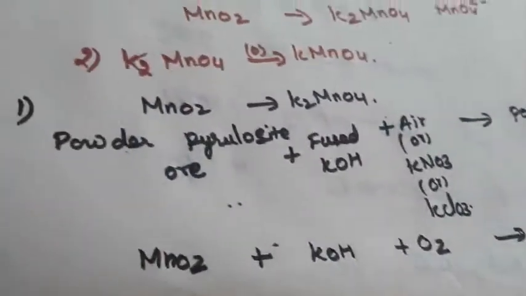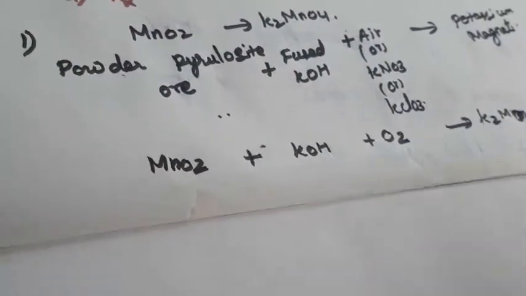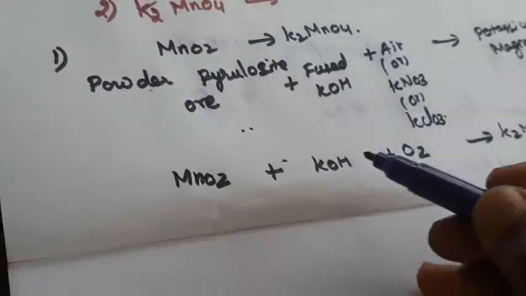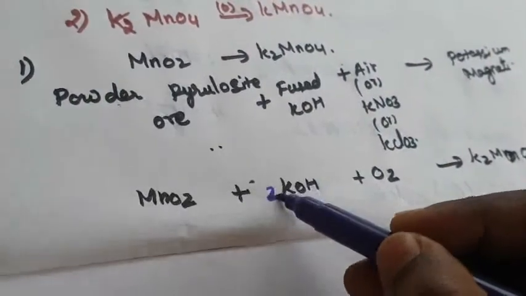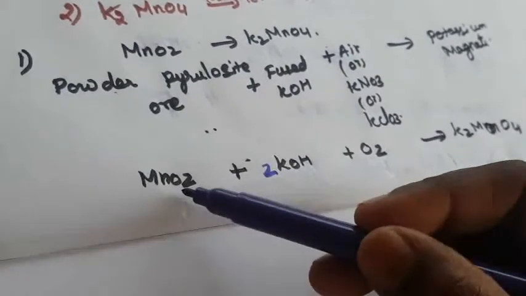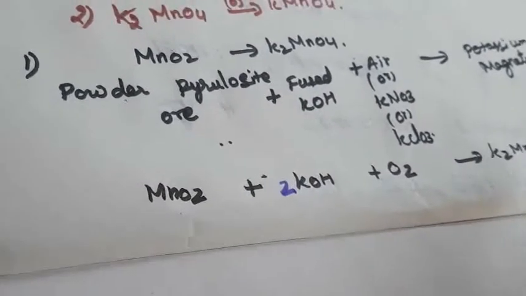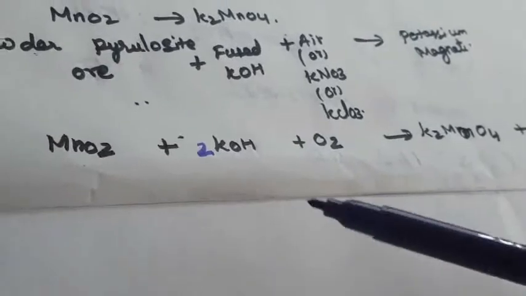How to balance that equation? Here 2 potassium is there, so I write 2 KOH, and 1 MnO2 balances Mn.